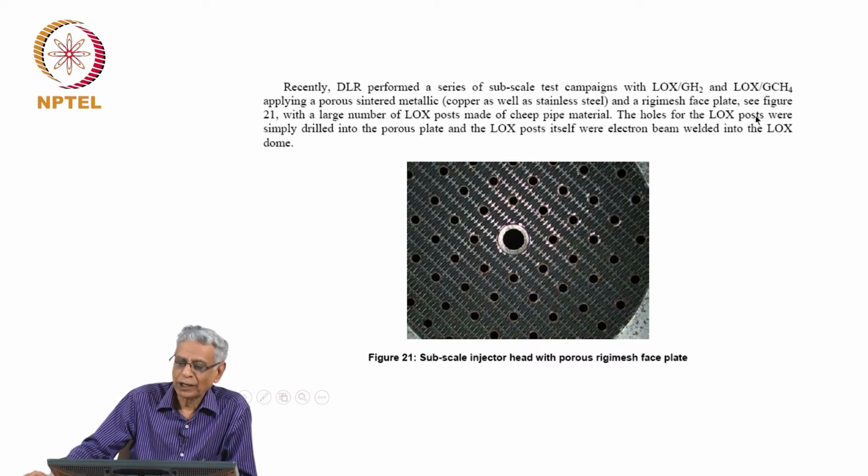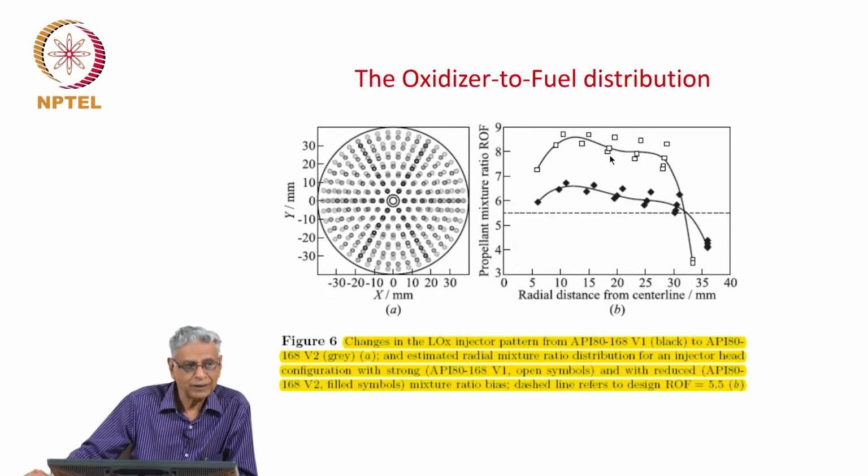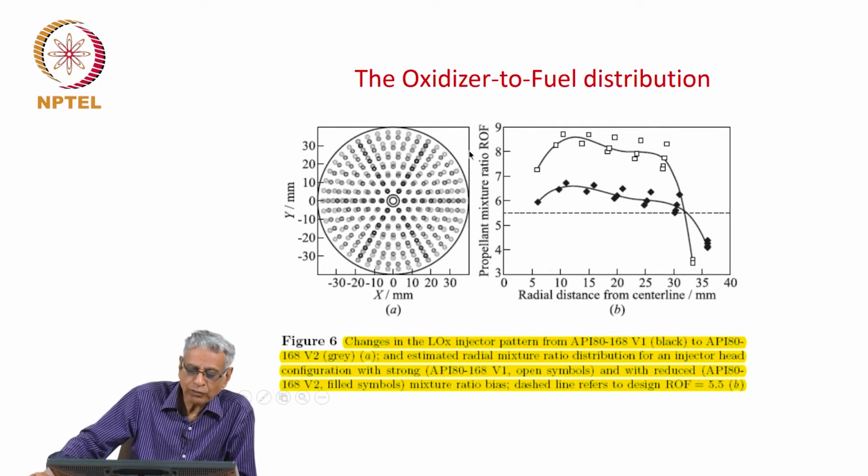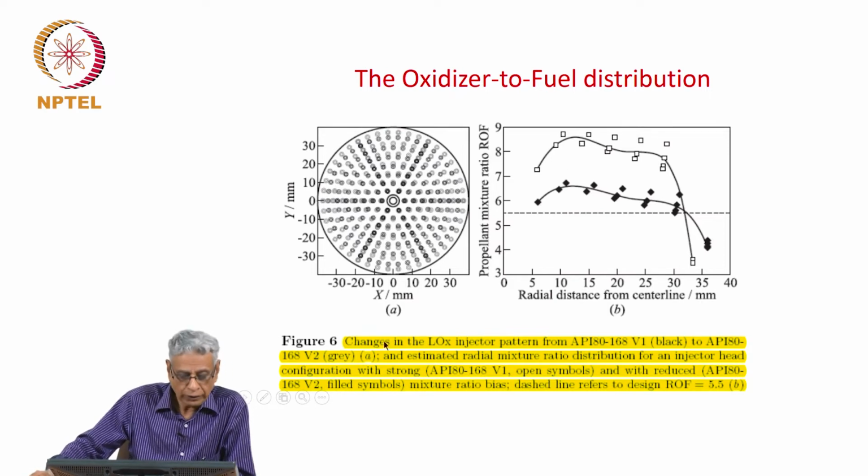The holes for the LOX post were simply drilled into a porous plate, etc., and they found that the system was quite stable. And the argument that they have given is, if you look at the propellant mixture ratio, in one case where there was instability, the variation was much more than in the case where there was no instability. You will read it here.